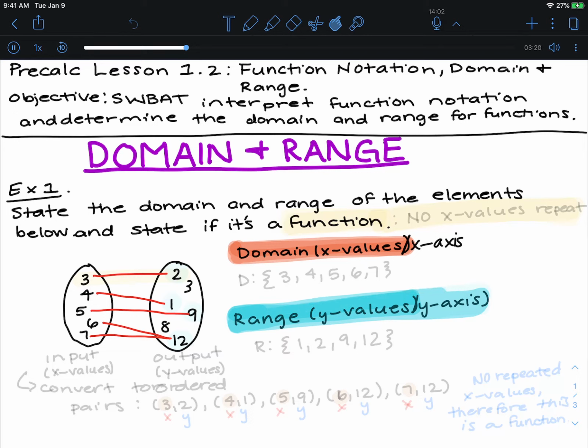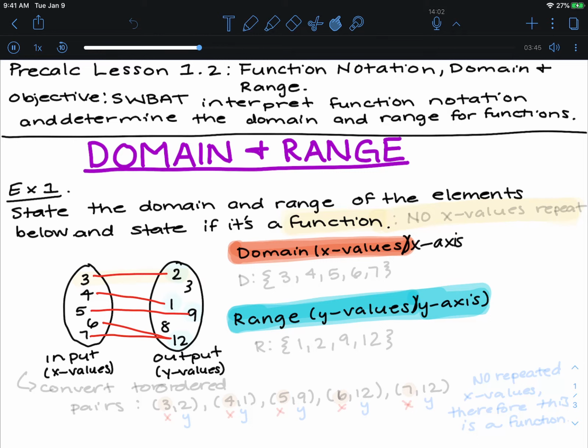So when you're looking at this diagram here, you have your input and you have the output, meaning that the input is going to be your x values, and the output is going to be your y values.